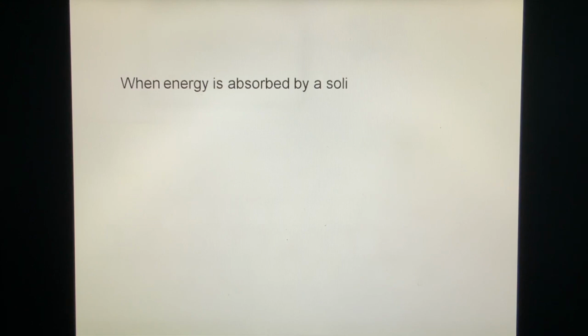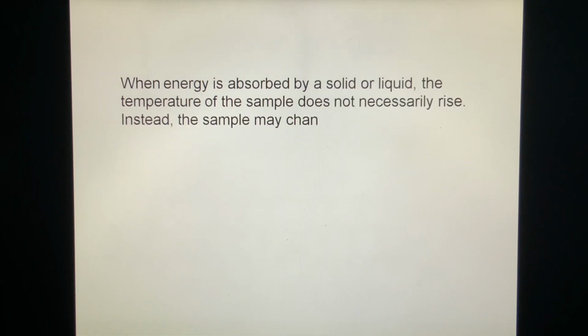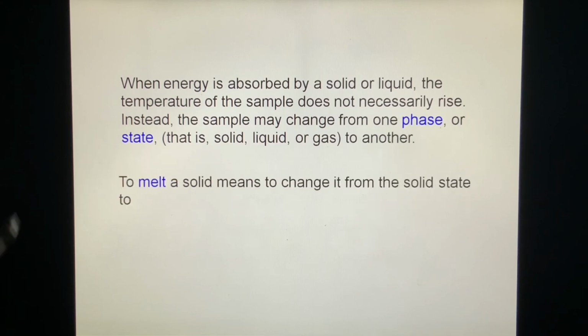When energy is absorbed by a solid or liquid, the temperature of the sample does not necessarily rise. Instead, the sample may change from one phase or state, that is solid, liquid, gas, to another. To melt a solid means to change it from the solid state to the liquid state.